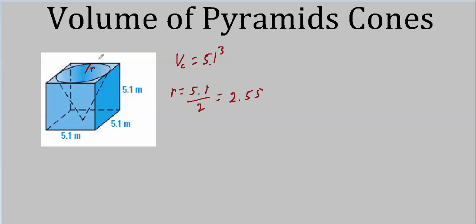Well, the height is still just 5.1, right? It looks like the tip goes right down to this bottom base here, and the circle is right here in the top base. So the height is 5.1. So for a cone, we get 1/3 of pi times 2.55 squared times the height, which is 5.1.